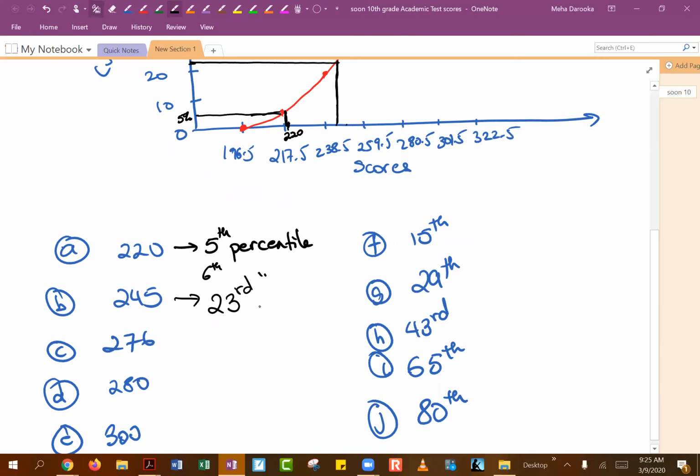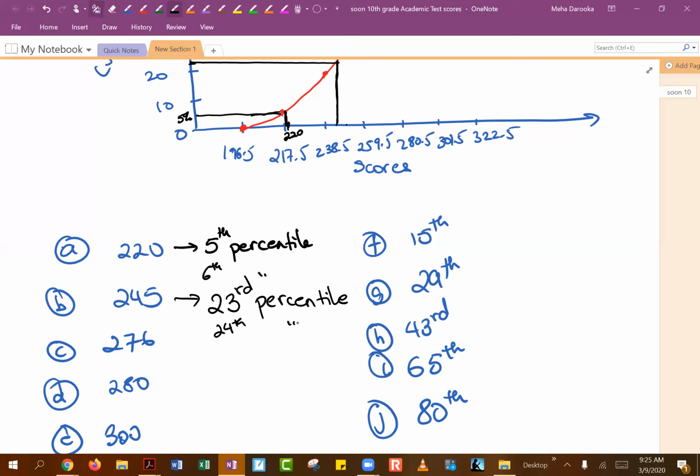So this will be the 23rd percentile. And the textbook is giving you the answer of 24. I'm not sure how the textbook is coming up with that, other than they're using a computer program to come up with that and probably get an accurate answer. But based on the graph, you're gonna have to make your best guess, right?